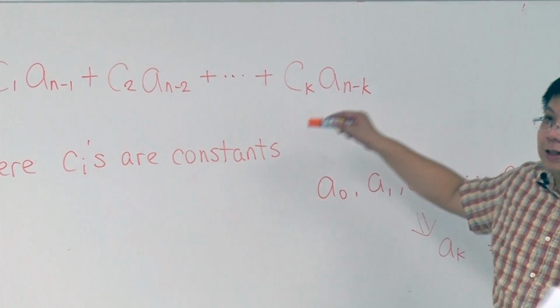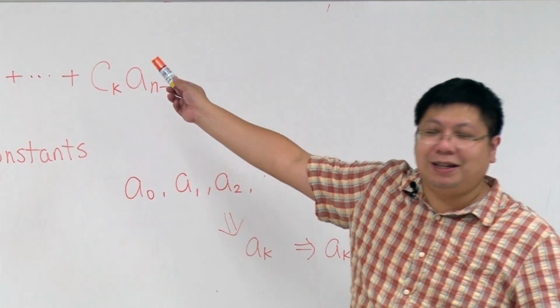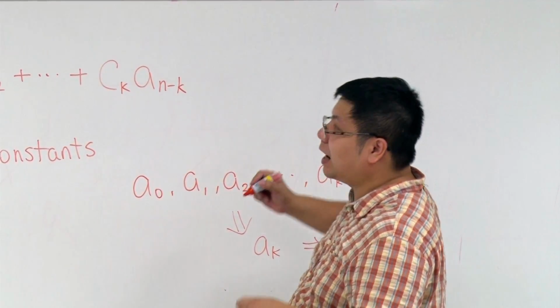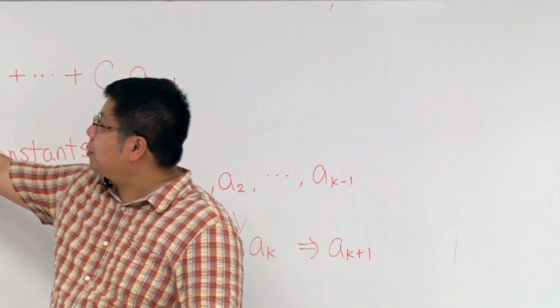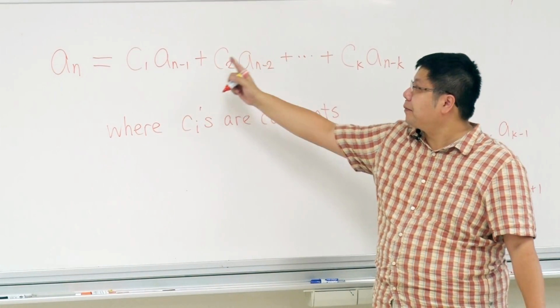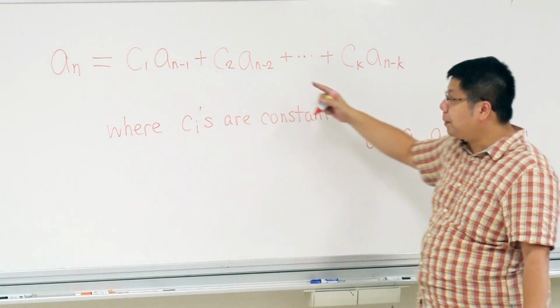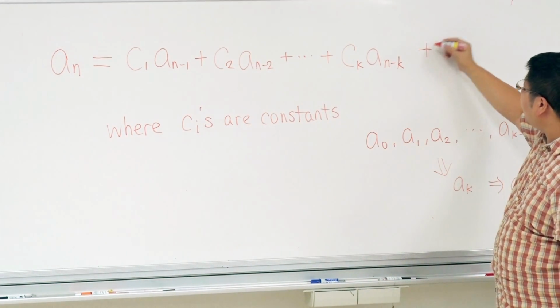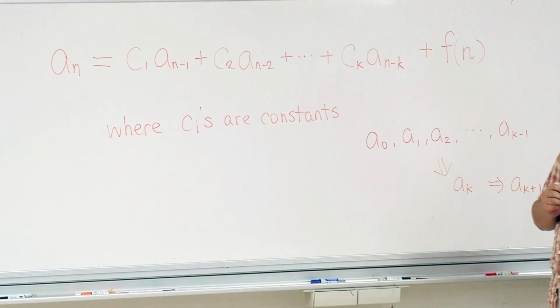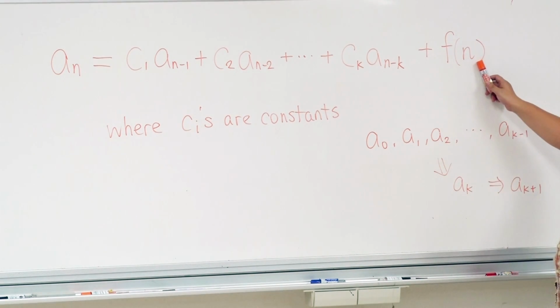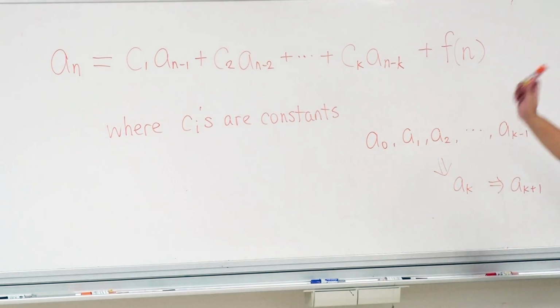Sorry, this is even a simpler linear recurrence. I can actually make a linear recurrence a little bit more complicated. This is just the relationship between the terms that happened in the past. I can even add a certain function f(n) here that just depends on the value of n. This is still called a linear recurrence. So what is a linear recurrence?